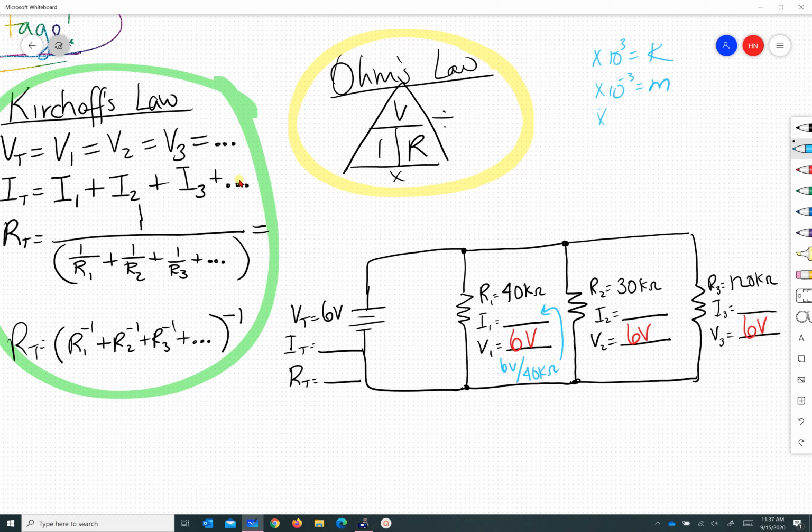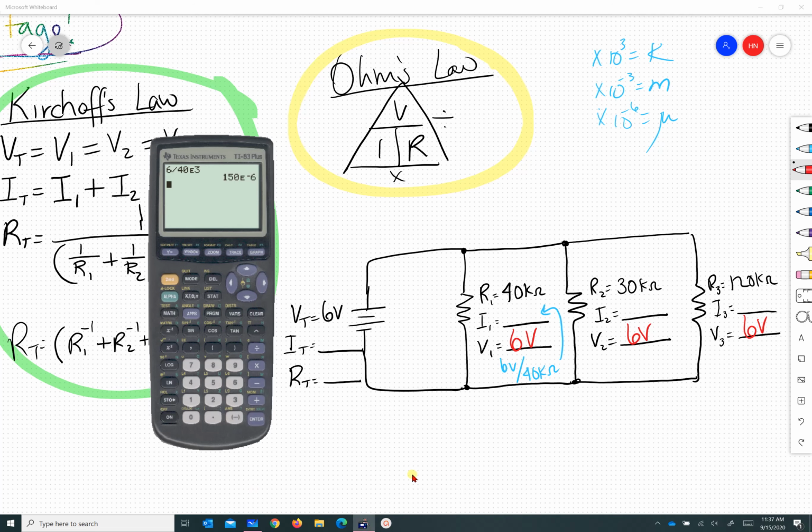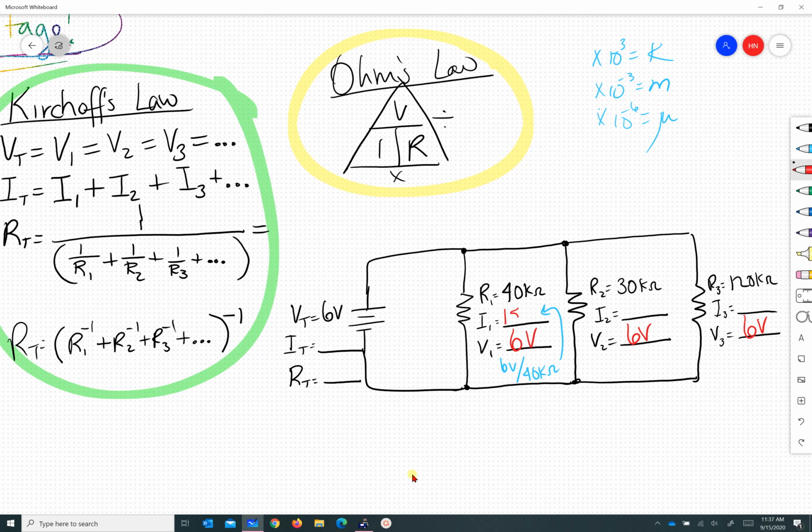Let's put it on our little cheat sheet. Times 10 to the negative 6 is micro. So the answer is 150 microamps. Sometimes I have a little trouble drawing the little mu, so I just put a lowercase u for micro, which is standard. All right, so we've solved that one.